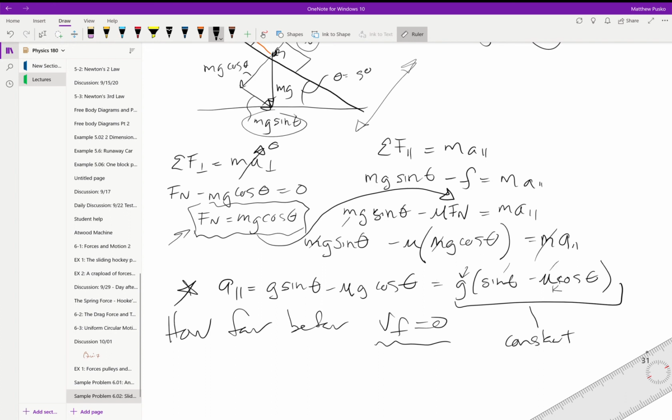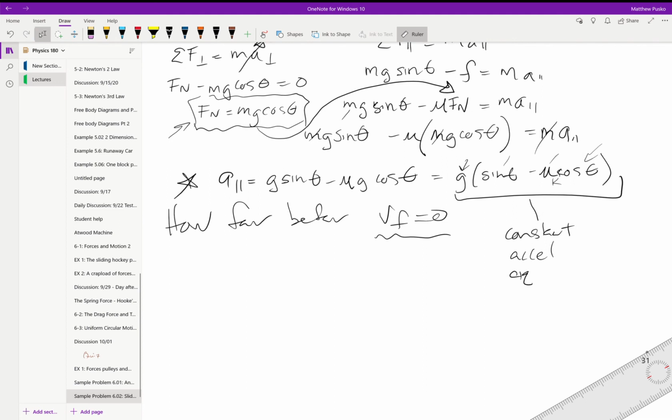Mu is a number. And cosine of theta is just a number. So that means we can use the constant acceleration equations. In the next video, or in one of the next videos, I'm going to show you why I keep emphasizing this. We can use constant acceleration equations.